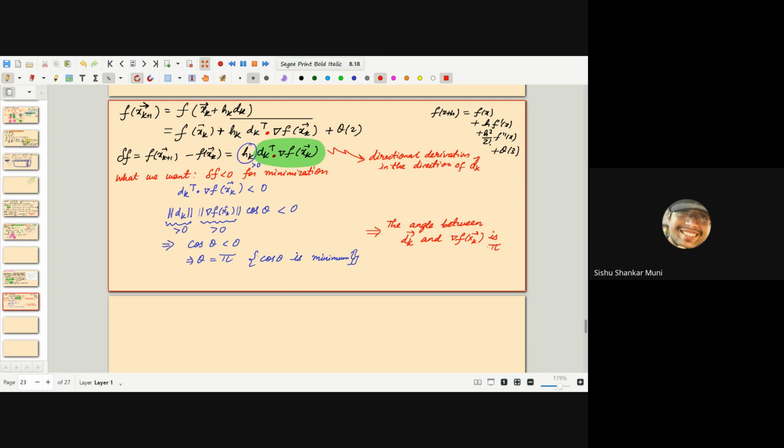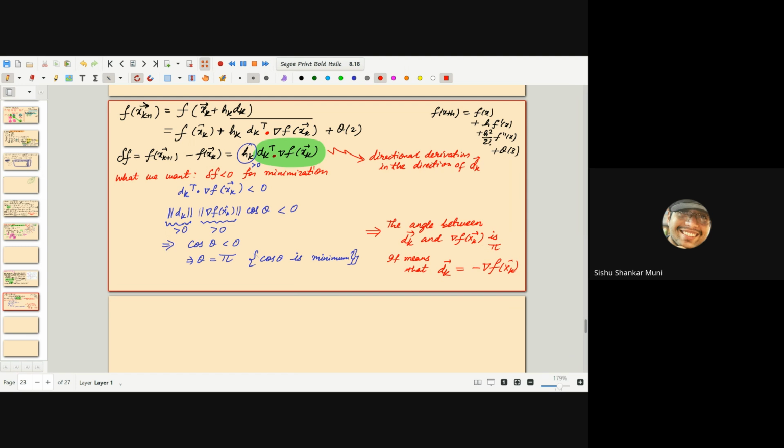What does it mean? It means that the dk vector is nothing but minus grad f at xk, opposite directions. So you understood what we said through intuition; we have now shown it through proof.